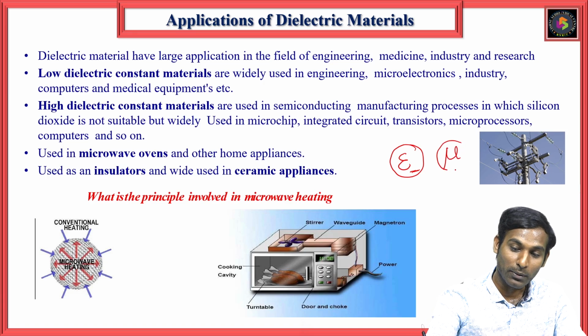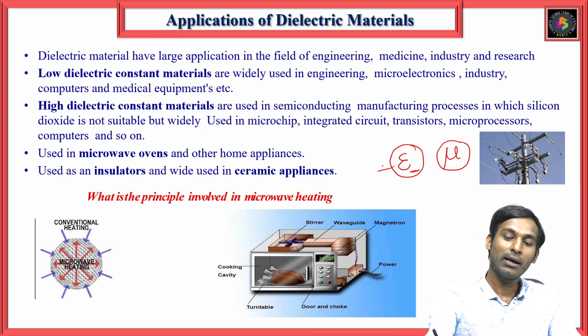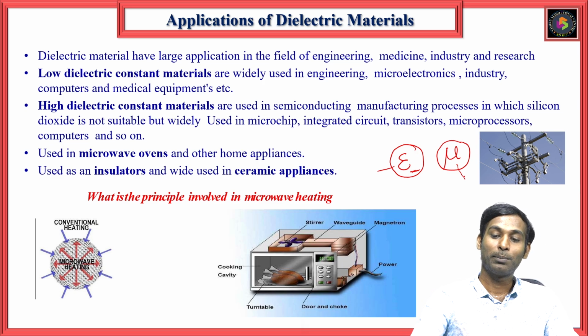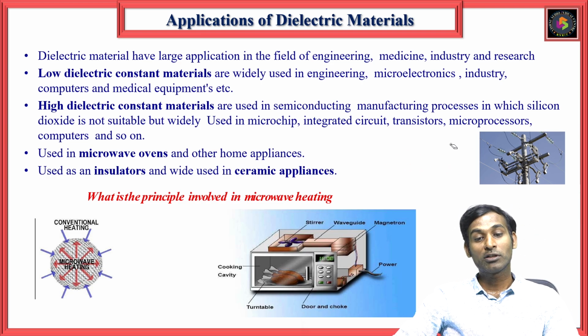This is for the permeability of the material. Both have the same characteristic. This symbol is applicable for dielectric material. This symbol is applicable for magnetic material. Permittivity and permeability.